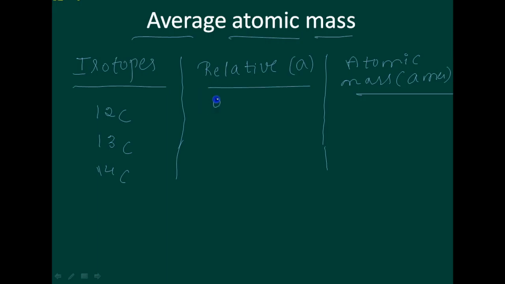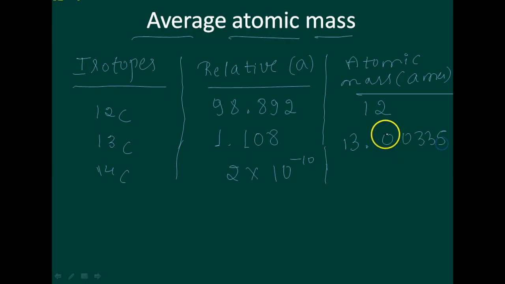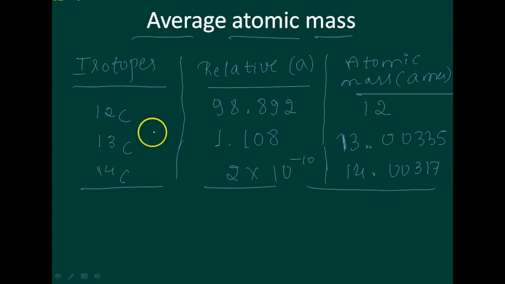The relative abundances are 98.892, 1.108, and 2 into 10 raised to minus 10. The atomic masses are 12 for carbon 12, 13.00335 for carbon 13, and 14.00317 for carbon 14.